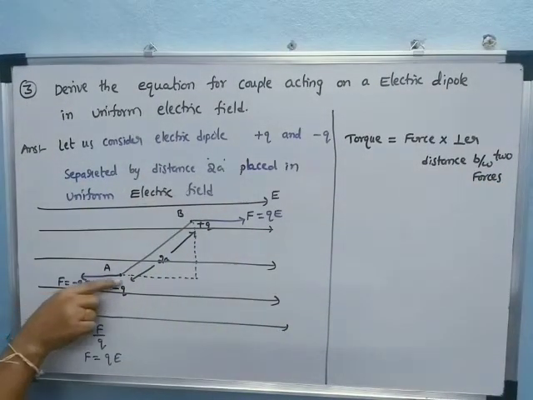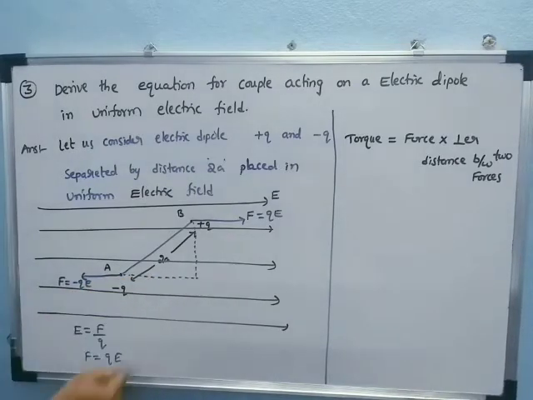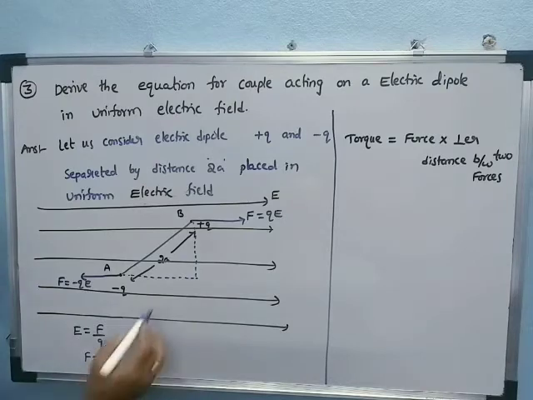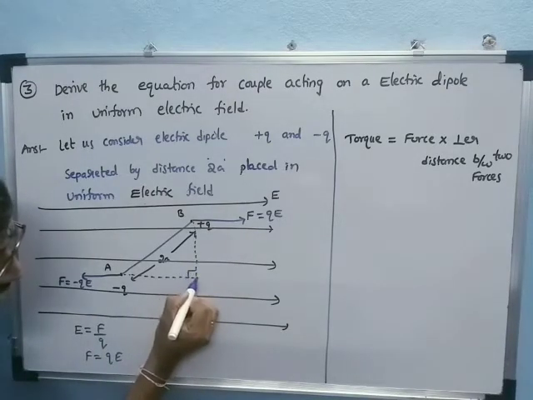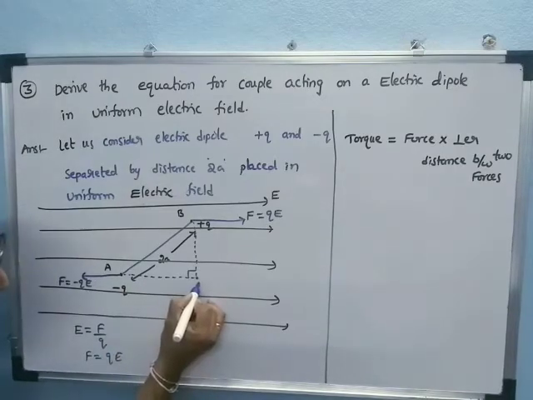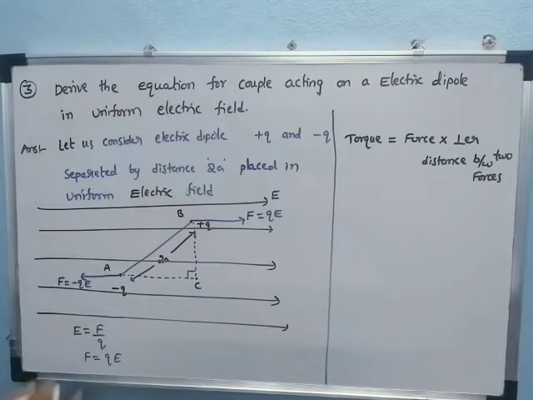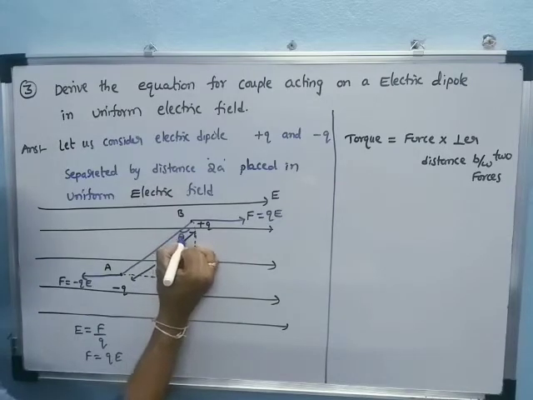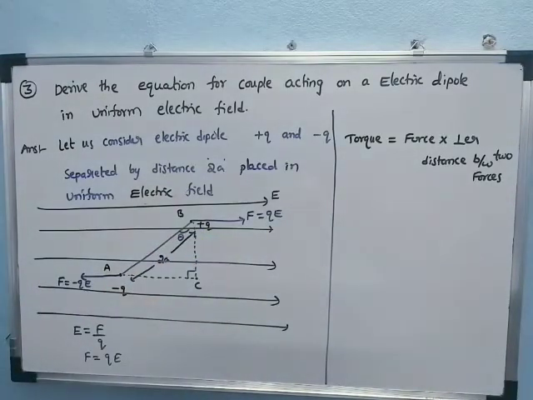Now this is the perpendicular of one force, and this is the perpendicular of the other force. We can draw them, and where they coincide, that point is considered as C. Now this dipole makes an angle theta with the electric field. Then we can find the torque.